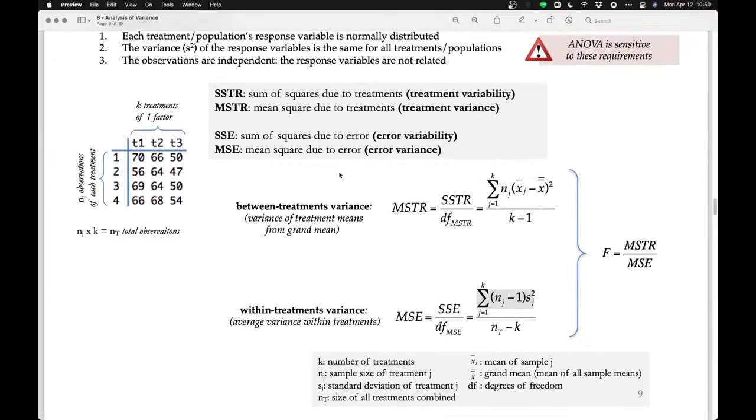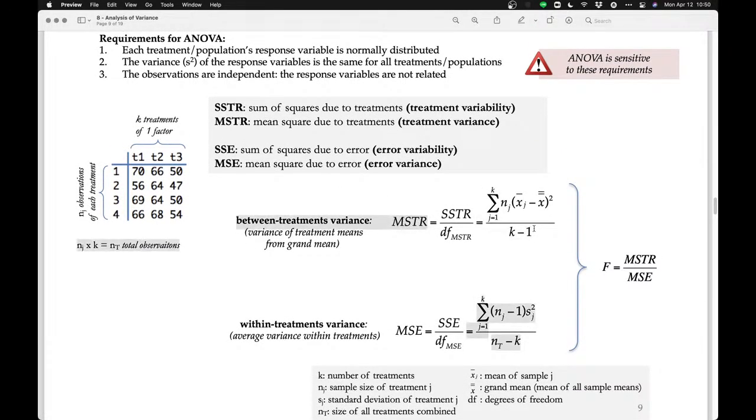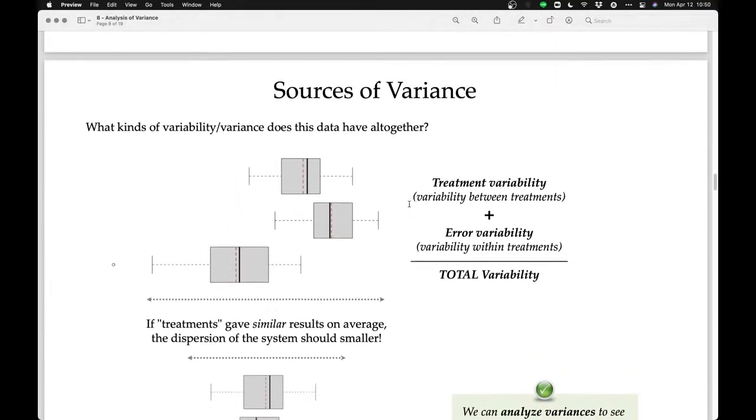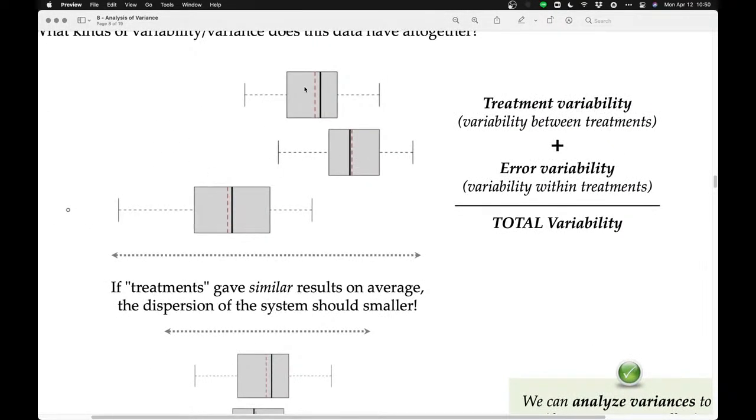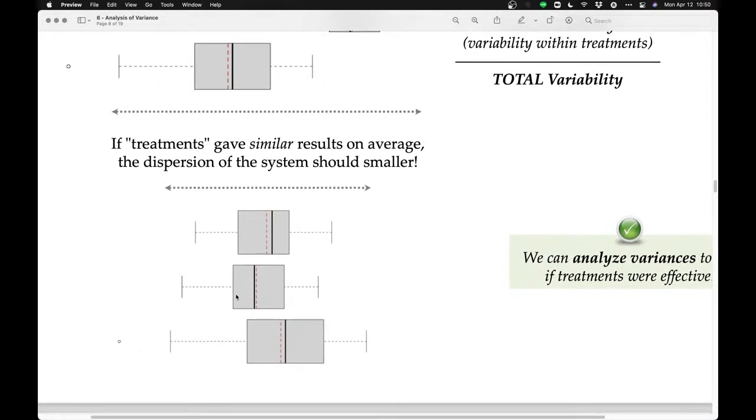So in a sense, this first variance up here is asking how much variance is there because the treatments are actually very different from each other. And the second variance is kind of like, what would the variance of the whole system be if the treatments were not different from each other? If the treatments were relatively similar, we ignore the fact that they have three separate means.